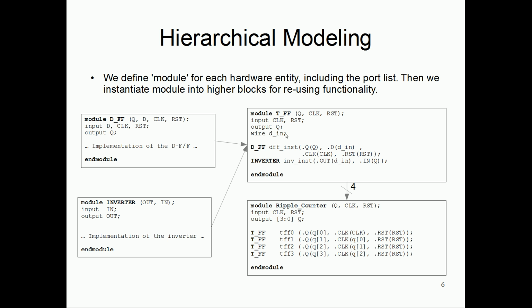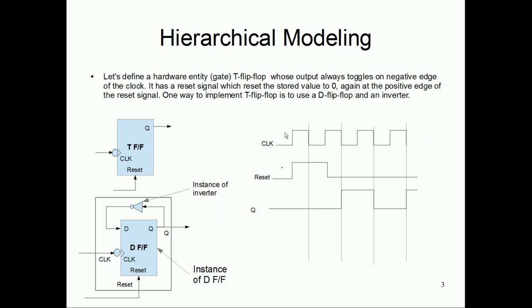So conceptually, if something is not a port, for example, clock is a port, we can connect it. Reset is a port at the top level, we can connect it. Q is a port, we can connect it. This Q we can also connect to the input port of the inverter. But the output of the inverter and the input of the D flip-flop form an internal connection.